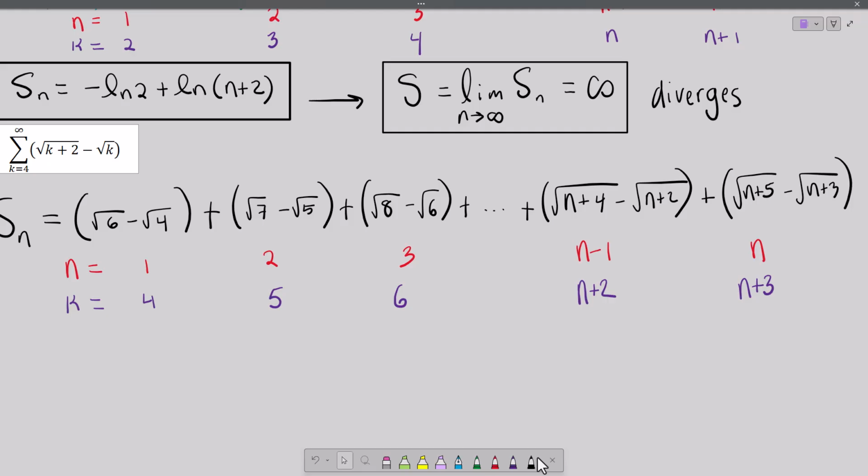Now we establish the cancellation pattern. If it's a telescoping series, there's got to be some cancellation. So we start over here, and we see that first with second after a skip. Going from left to right, first parts are canceling. So this first part is going to cancel with the second part after a skip, somewhere in the middle there.